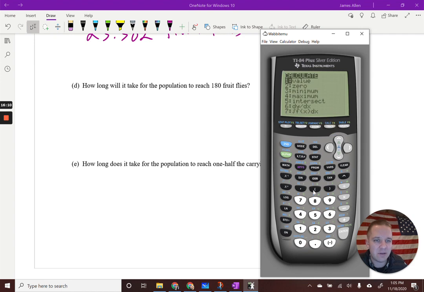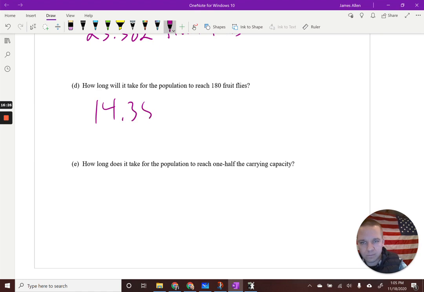Let's find that intersect, which is option 5. Enter 3 times. We only have one intersection, so I don't have to worry about the calculator picking something else. And it's going to be 180 fruit flies after 14.3509, so 14.351 days. Nice.